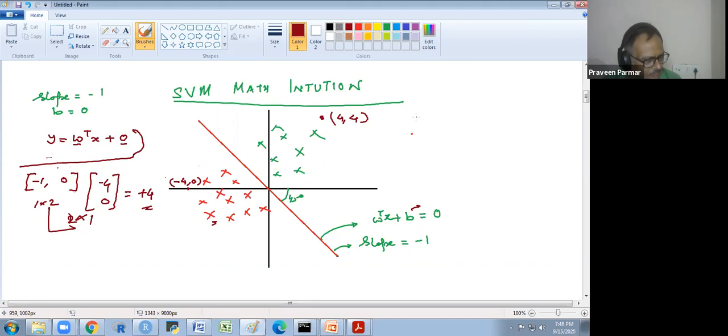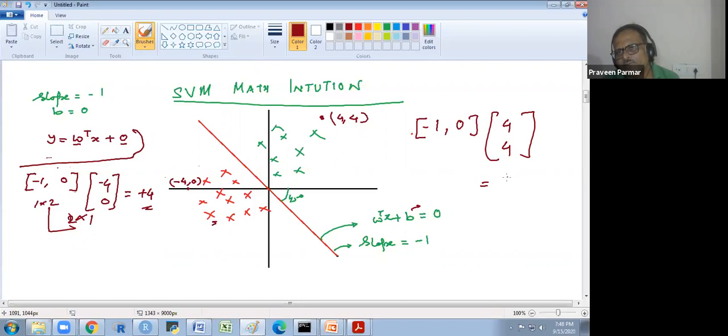It is again minus 1, 0, and here 4 and 4. We will get here minus 4. So we get the negative one. Does that make sense to you?